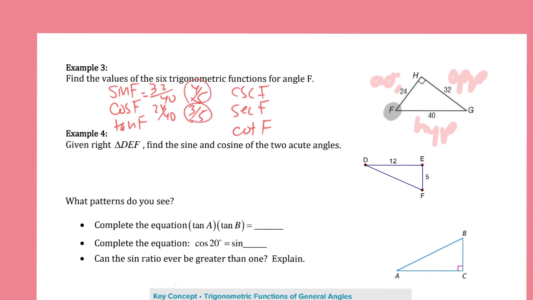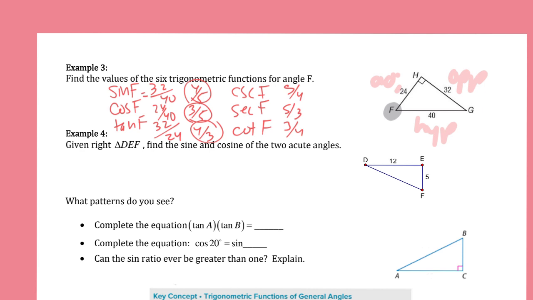And then tangent from F's perspective is the opposite leg over the adjacent leg, and that reduces to 4/3. Now cosecant would be 5/4, this would be 5/3, and this would be 3/4.